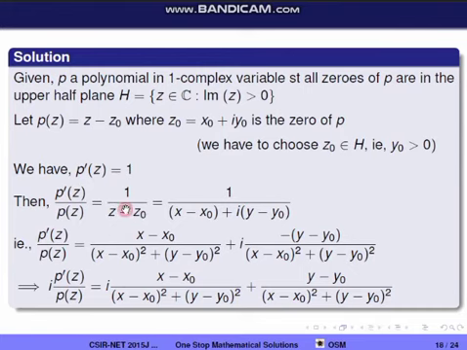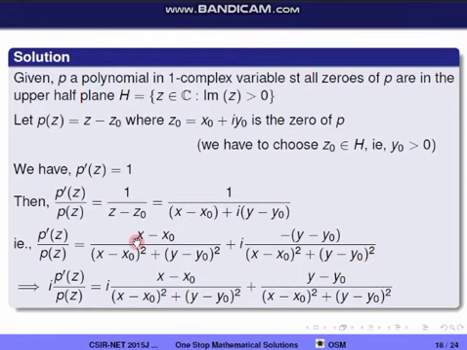Let me take Z is equal to X plus IY. So this is equal to 1 by X minus X naught plus I into Y minus Y naught. So now we'll multiply and divide by the conjugate of this denominator. When we simplify that, we get X minus X naught by X minus X naught whole square plus Y minus Y naught whole square, plus I into minus of Y minus Y naught by X minus X naught whole square plus Y minus Y naught whole square.